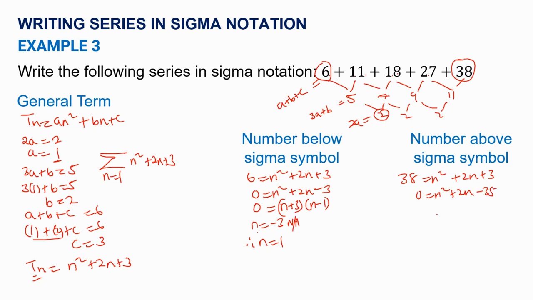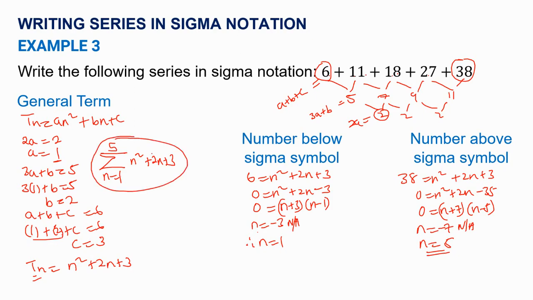Then the factors will be positive 7 and negative 5. n is equal to negative 7, not applicable. And remember, n must be a natural number. So n is equal to 5. So the number above the sigma symbol is 5. That's that. So this series is just the same as this. We have written this series in sigma notation.